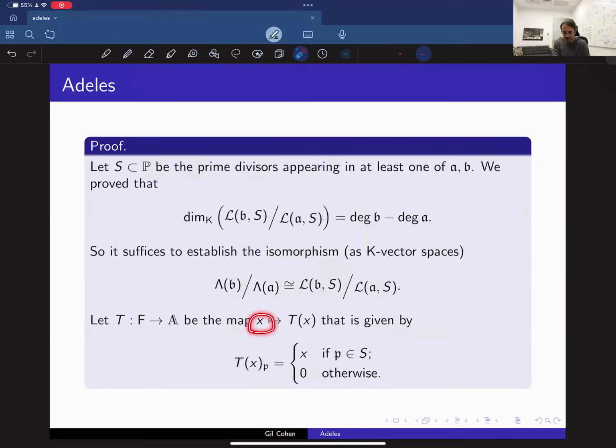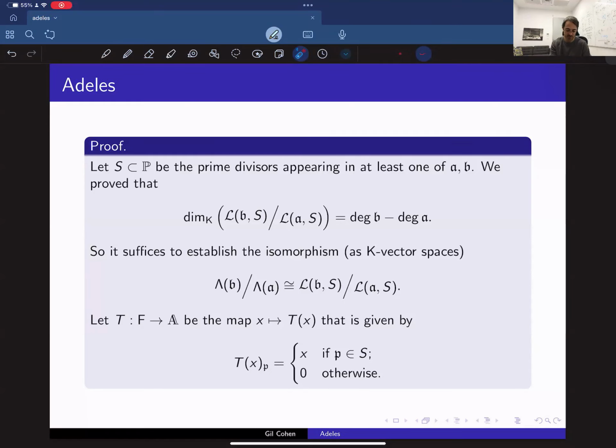So you take an element x in F, and the Adele that you're going to send it to, at its P-th location, the principal prime divisor P, you're going to put x if P is in S. S is again the union of the supports of the two divisors, A and B, and 0 otherwise. So you're going to put x exactly on the support of A and B and 0 otherwise.